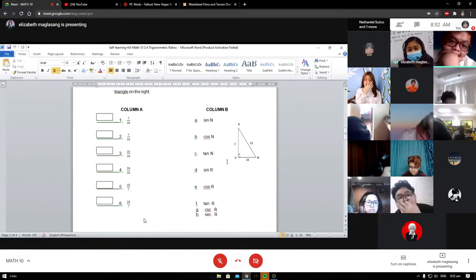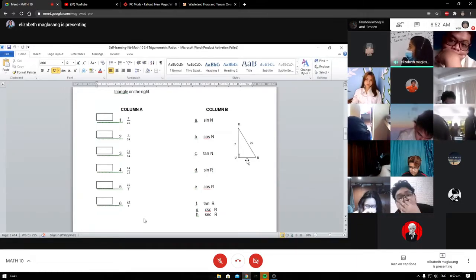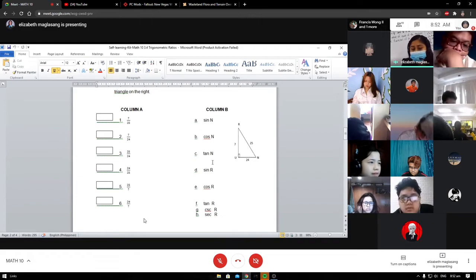Okay, sine R, the theta angle is R, so the opposite is 24 and the hypotenuse is 25. So 24 over 25.